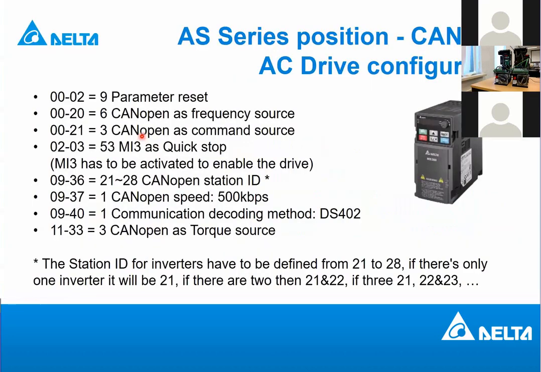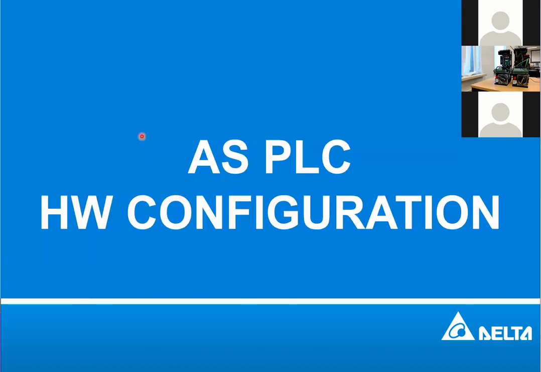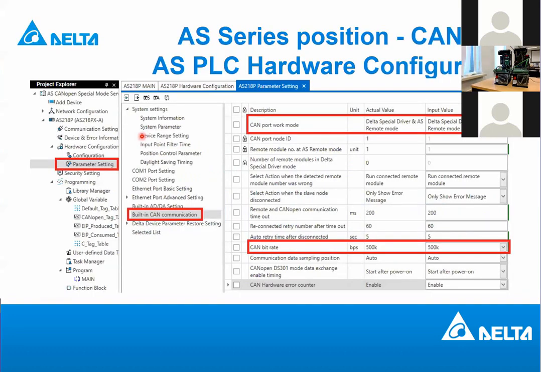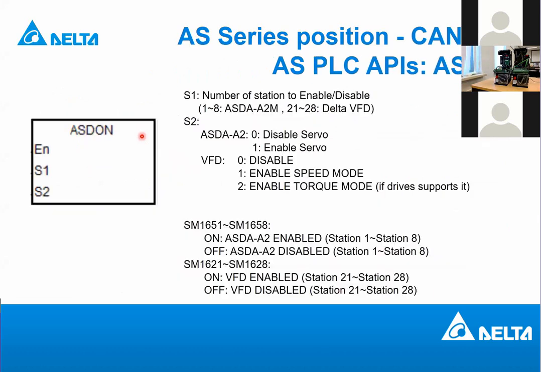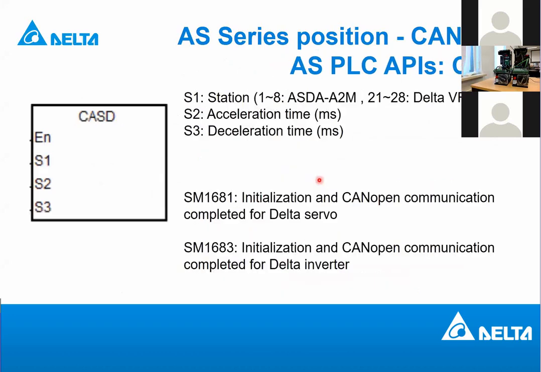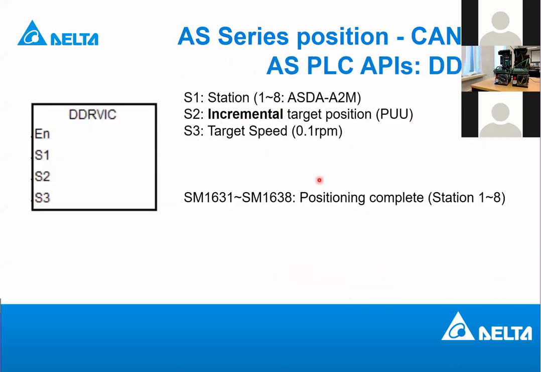Does the drive support torque? Look at it. When you enable it, if it's 1, which is what we have selected, speed mode, the drive runs in speed mode. If the drive supports torque and you enable torque mode, it will run in torque mode. So for the inverter, the possible motion is only speed mode for now. Maybe in the future, it will be possible to do other precision movement like you have in the servo. But for now, you can only implement the velocity movement, the speed.